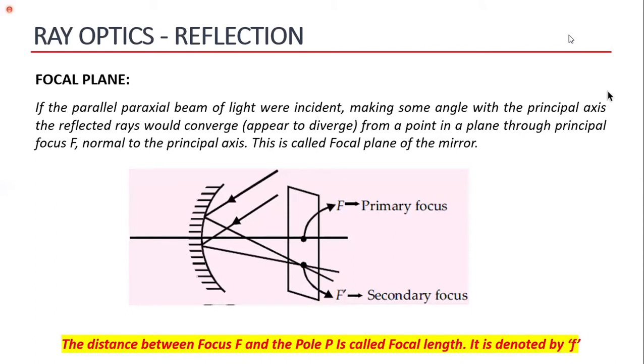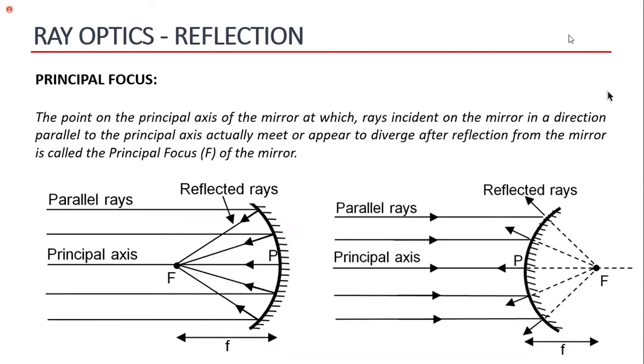So what do I mean by focal plane? Okay, first of all, take this. The distance between principal focus and pole is called focal length.